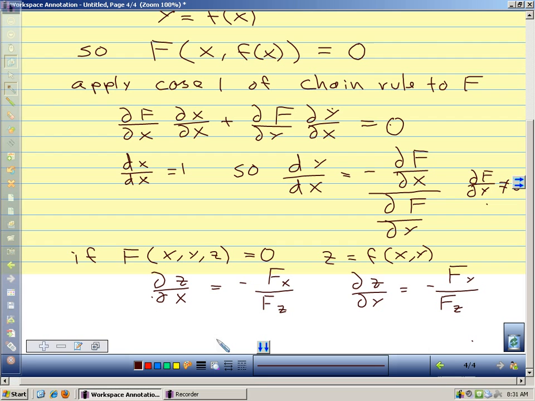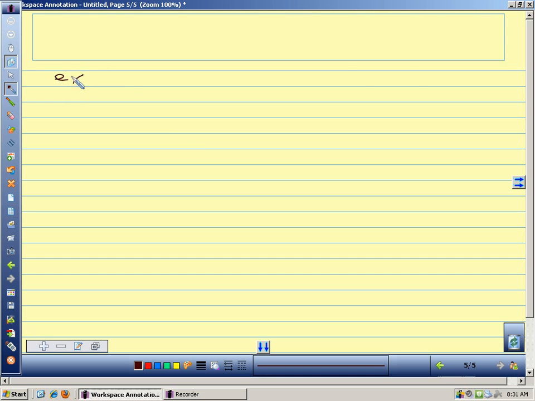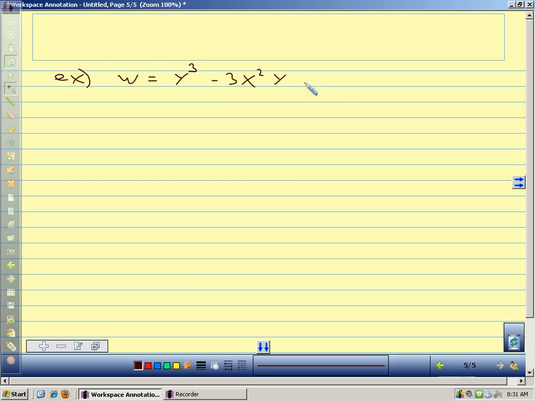All right, let's look at a few examples. So we have w equals y cubed minus 3x squared y, and x equals e to the s, and y equals e to the t.